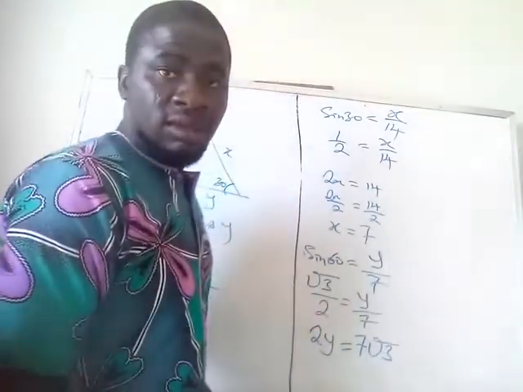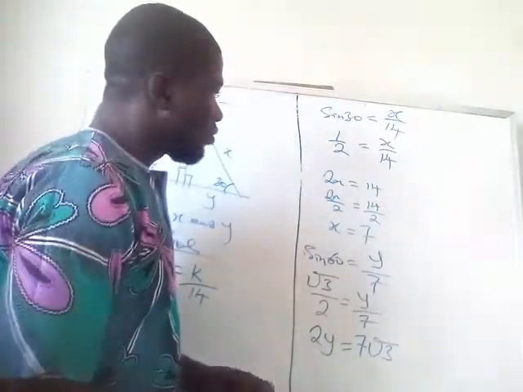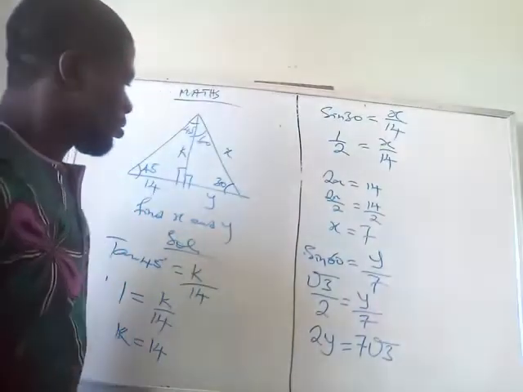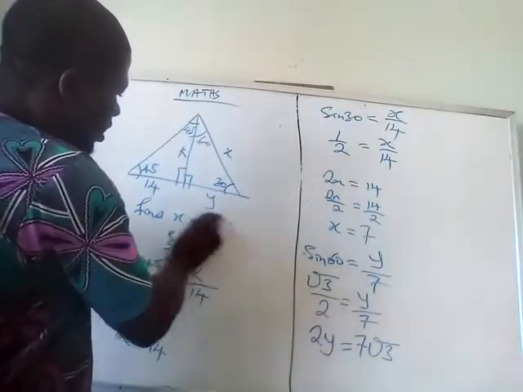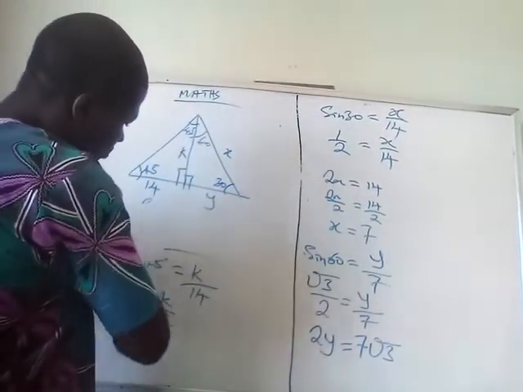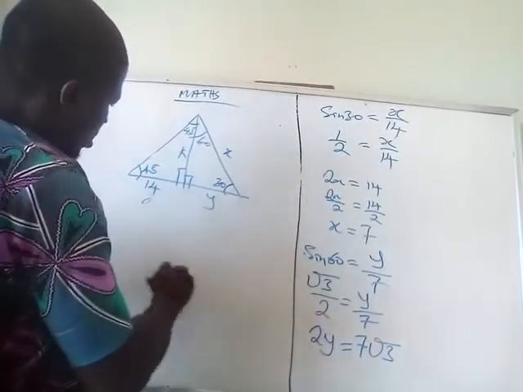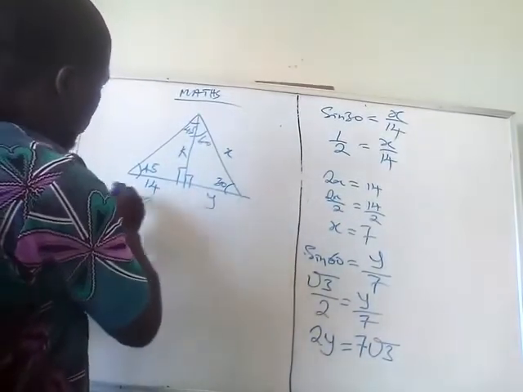I hope you can see it. 7 root 3. Let me clean this side, please. Please understand what I'm doing. 7 root 3. You know, this is different.